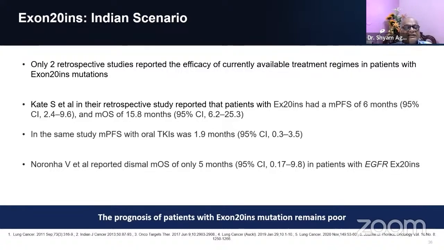In the same study, the median PFS with oral TKIs was very, very poor. And the Nornoha study reported a dismal overall survival of 5 months in patients with EGFR exon 20. So, highlighting that the prognosis of this particular driver mutation in lung cancer is quite bad. Next.